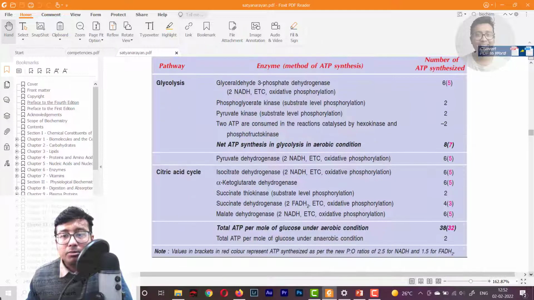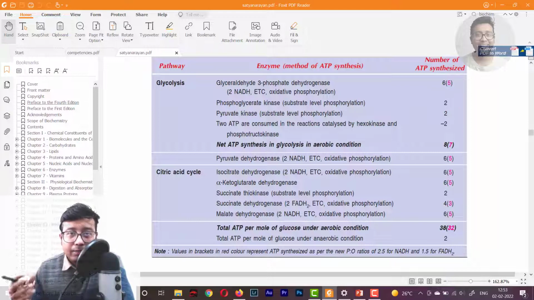You see in your textbook there might be two numbers given, one is 6 and one is 5. Why is that? Because there are two existing theories. NADH produces energy that is equivalent to ATP, right? And how does it do that?